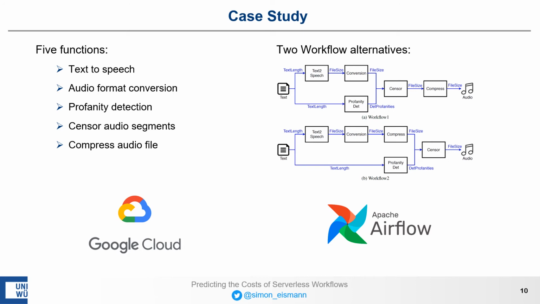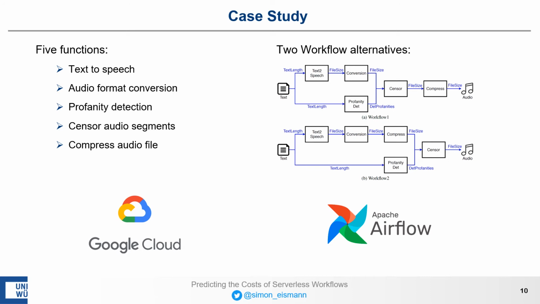And in parallel, we detect any profanities in the input text. The detected profanities alongside the WAV file are now fed to the censor function, which censors any detected profanities. And finally, we compress the resulting audio file, and we're finished.